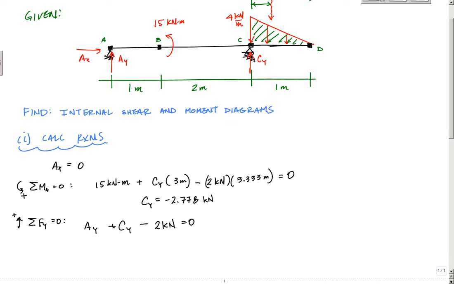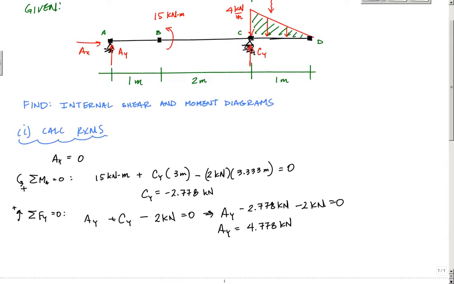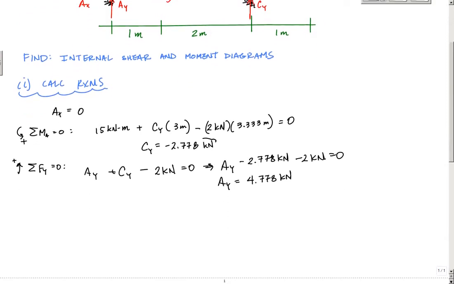I'm going to make sure I plug in a negative 2.778 for Cy. So Ay minus 2.778 kilonewtons minus 2 kilonewtons equals 0, and that means Ay is equal to 4.778 kilonewtons. The positive indicates that the direction I've drawn it is correct. Now I have my reactions, Ay and Cy, and that was pretty easy.